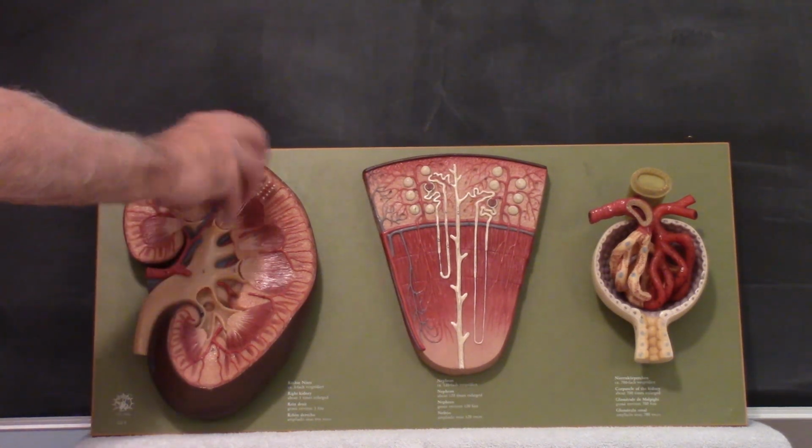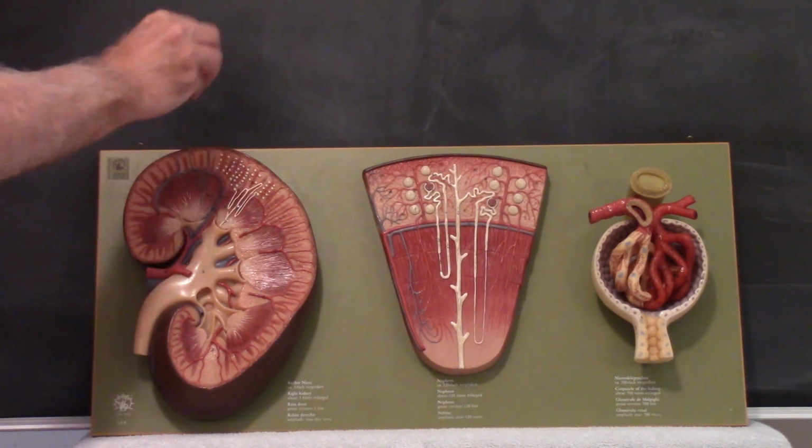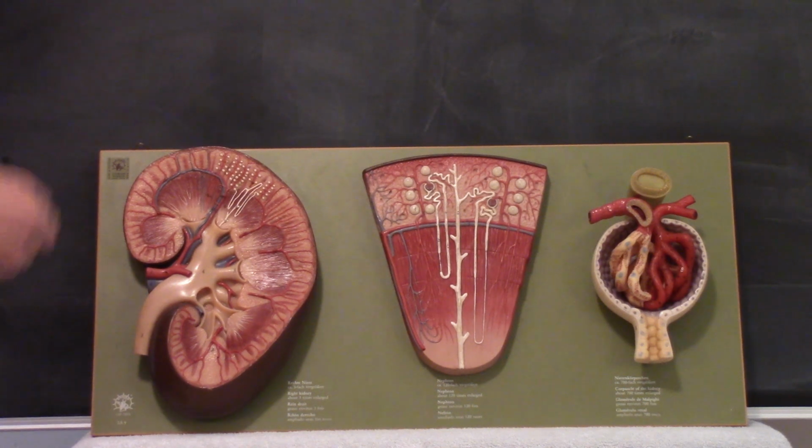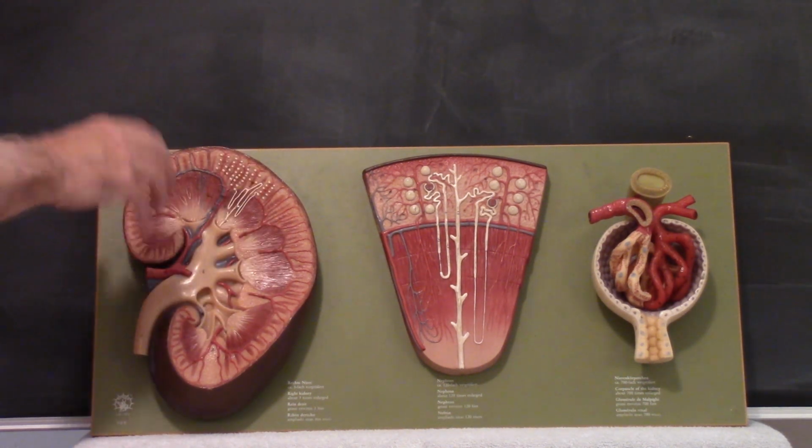You can see some fine detail right here, and these are microscopic urine-forming structures found in the kidneys, known as nephrons. So parts of the nephron are found in the cortex and parts are found in the medulla.